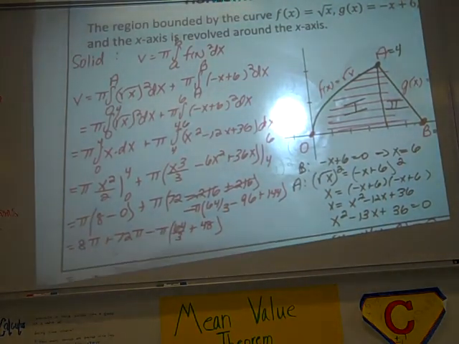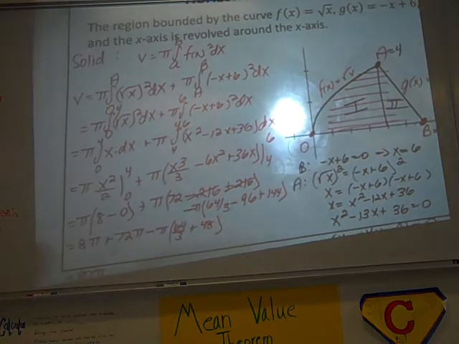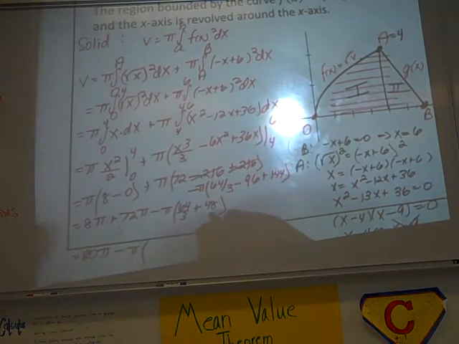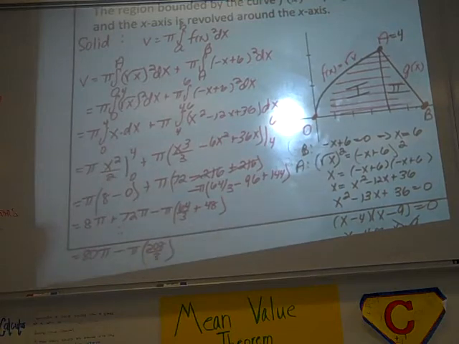I can combine the 8 pi and the 72 pi to be 80 pi minus pi. Get a common denominator. I think you're going to have 64 over 3, and 48 is the same as 144 over 3, so 208 thirds.